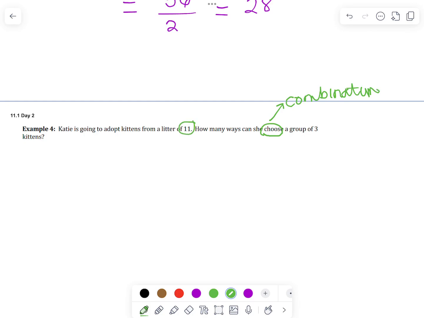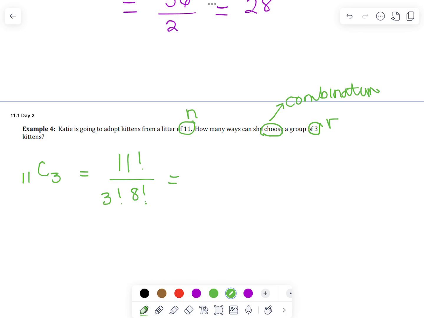So we have 11, which is our n, and we're choosing groups of 3. That's our r. So it's 11 choose 3. Substitute in our formula, 11 factorial, 3 factorial, 11 minus 3 factorial is 8 factorial.